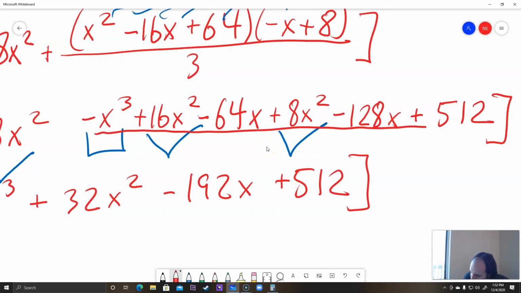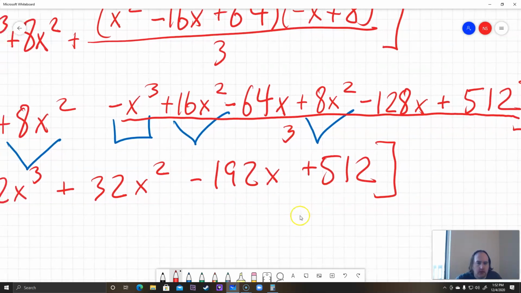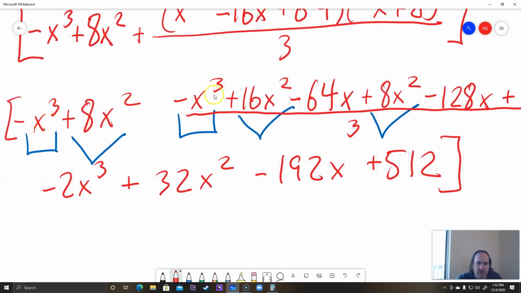But yeah, all this was supposed to be over 3. So that means my x cubed and my x squareds are not correct here. So let me fix those real quick. We've still got a negative x cubed here and a plus 8x squared.